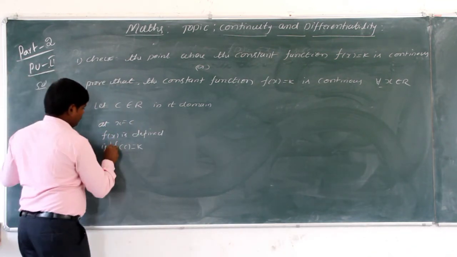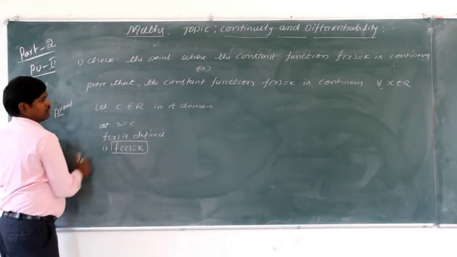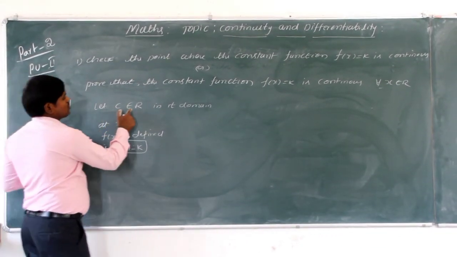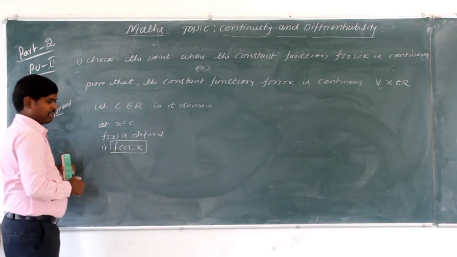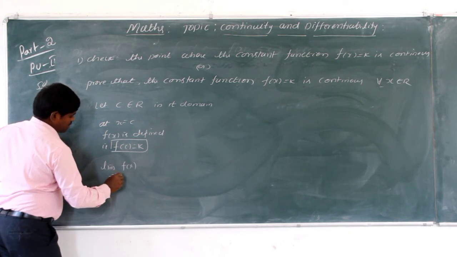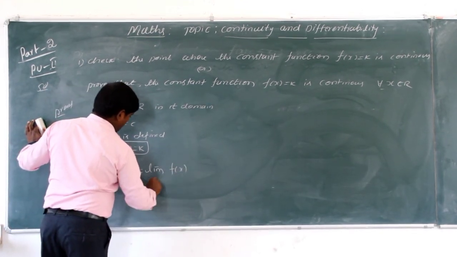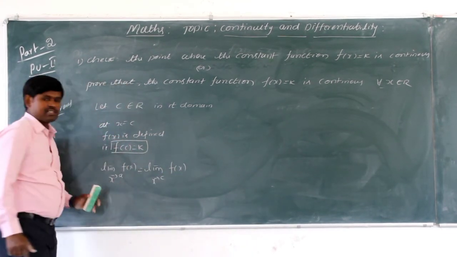So this is the value of the function at any value belonging to the real numbers in its domain. Then the limit of f of x as x tends to a, that is, the limit of f of x as x tends to any real number. I am taking here c.